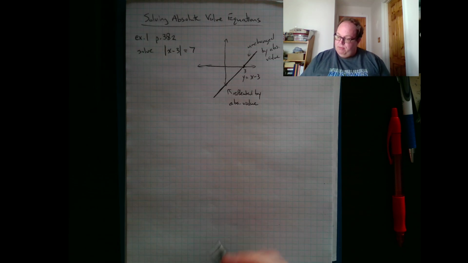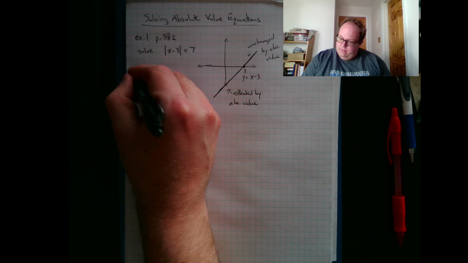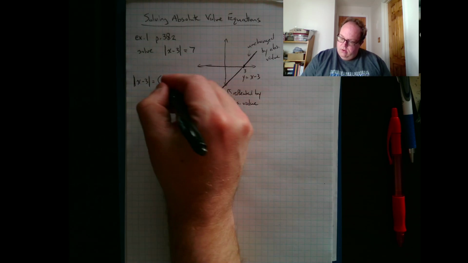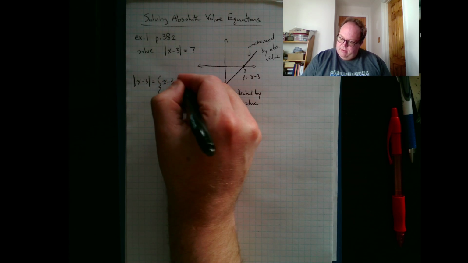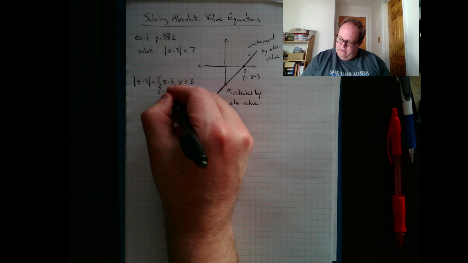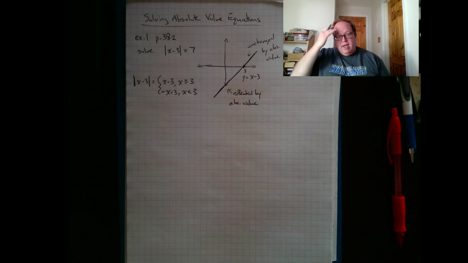So if we wrote this as a piecewise function, we'd end up saying that the absolute value of x minus 3 would act just like x minus 3 for x values greater than or equal to 3, and would act like negative x plus 3 for x values less than 3. And that piecewise function is the basis for us solving this.